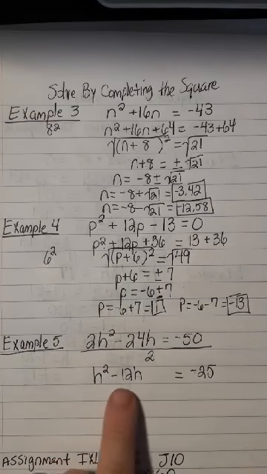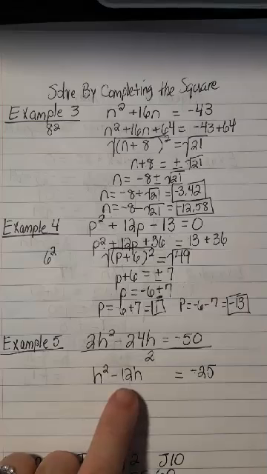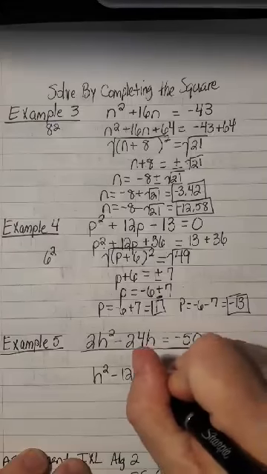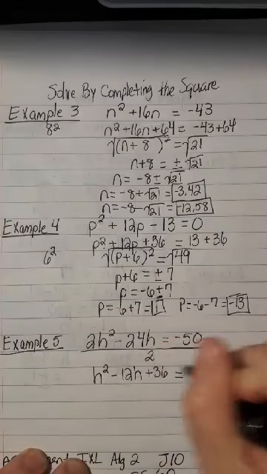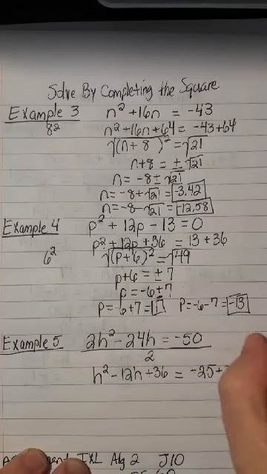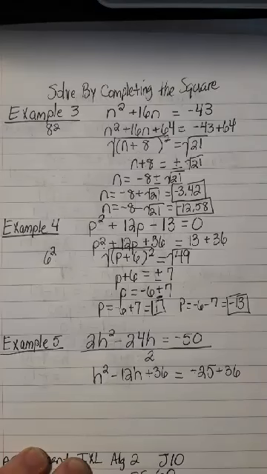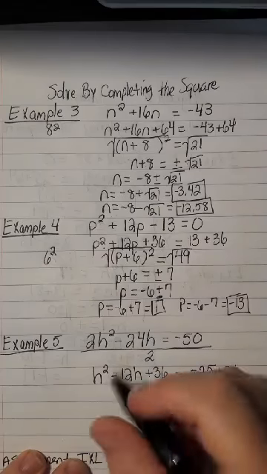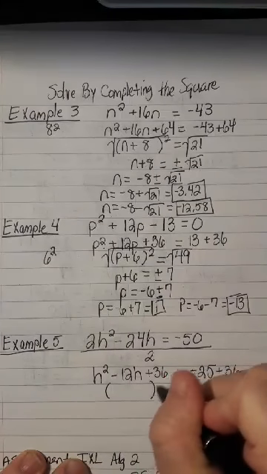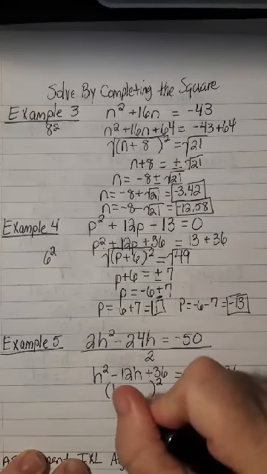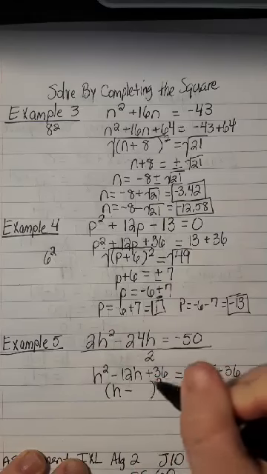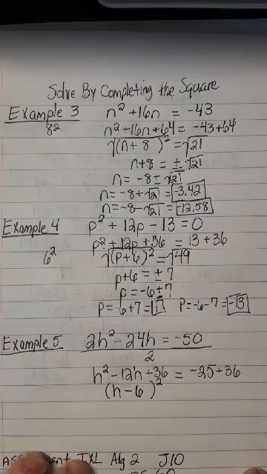Now we have to complete the square. So you take half of 12, which is 6, square your 6, which is 36. And 36 goes here, and then you've got to also add your 36 to the right side. Now we're ready to factor the left side, which is going to be h minus 6.